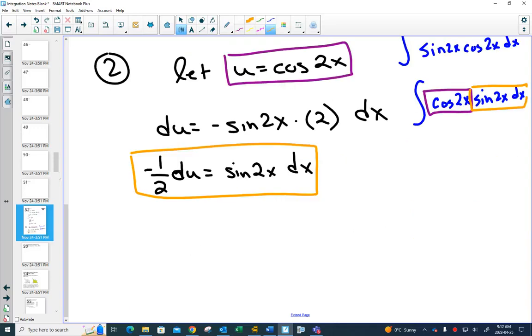So if we look at what we've color-coded now, our new integral is going to be u for the purple part and negative 1/2 du for the orange part.